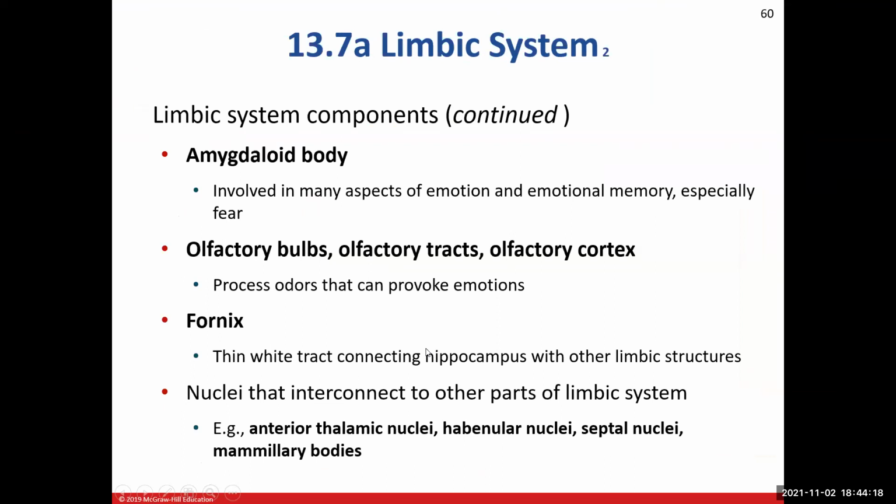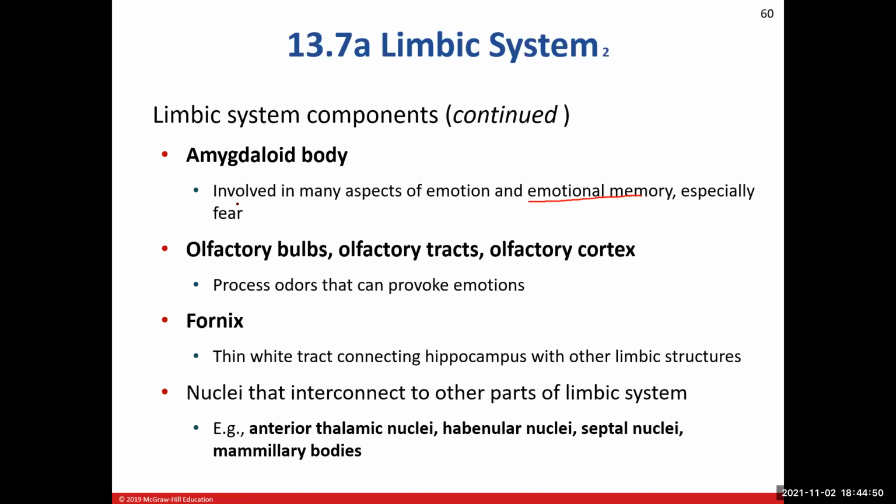Some other structures here for the limbic system are the amygdaloid body, olfactory bulbs, olfactory tracts, olfactory cortex, and the fornix. The amygdaloid body plays a large role in emotion and emotional response, including emotional memories. If you lesion this area, you can have very bizarre and crazed behaviors.